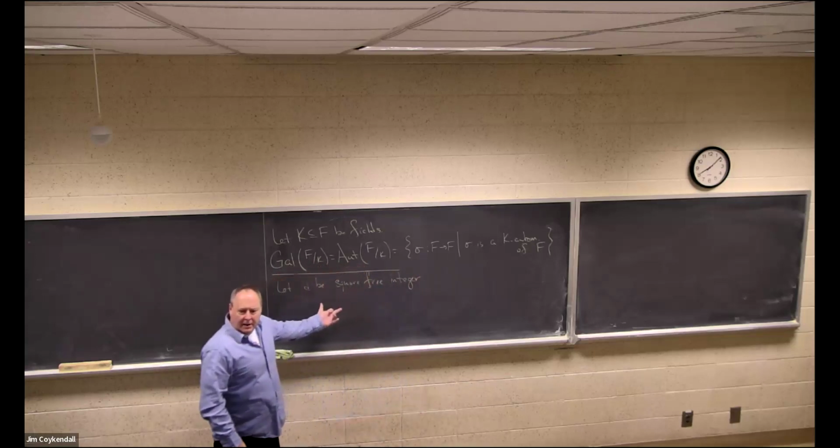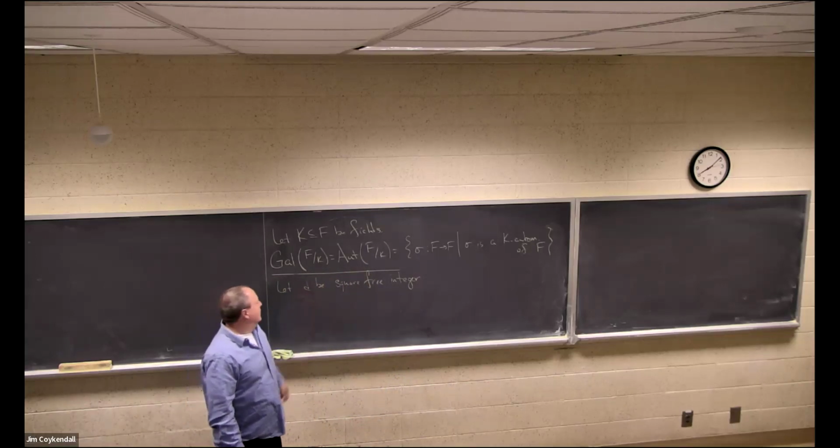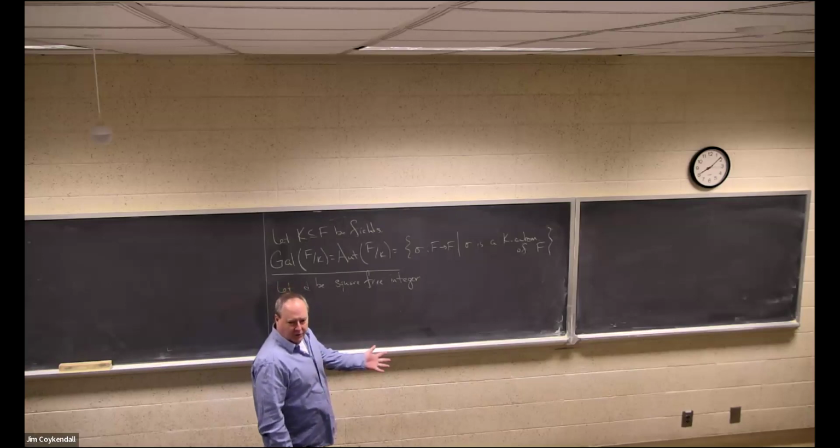In case you're not familiar, what this means is the only square that divides this integer is one, right? So 12 is not square free, but -1 is, for example.